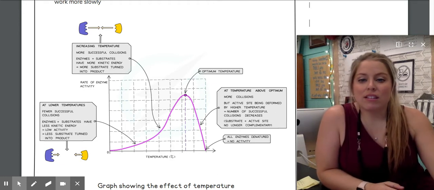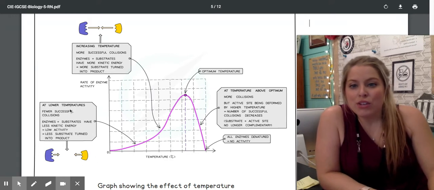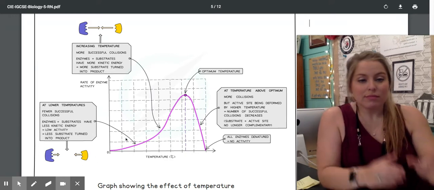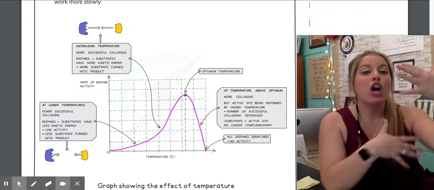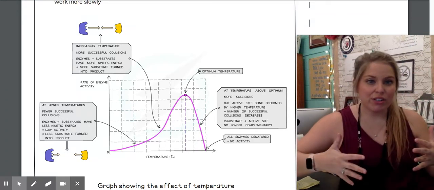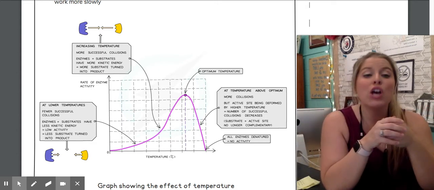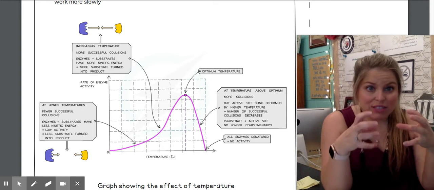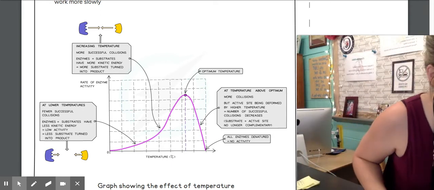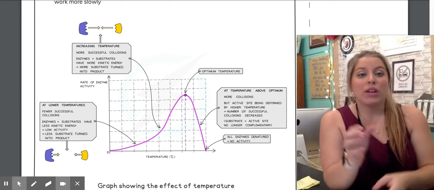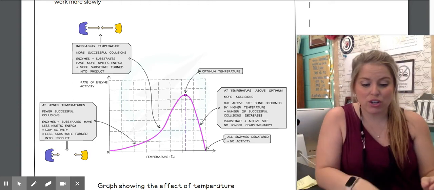So let's look at how temperature affects enzyme activity. At lower temperatures, think about diffusion and how, when temperatures increase, rapid and random movement increases. Same thing with an enzyme. You need an enzyme to come in contact with its substrate, with whatever it's either going to break down, build up, or completely change altogether.